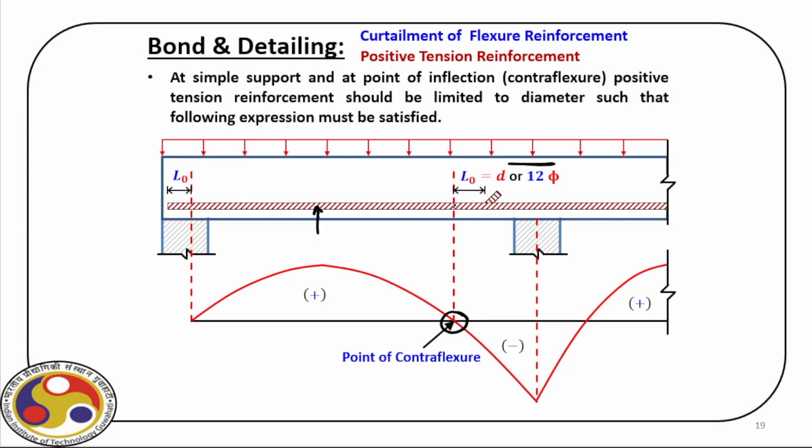If this is the point of contraflexure, then this is the actual point of curtailment, and this L0 is the maximum of these two, D or 12 phi. So from the point of contraflexure, we have to provide this L0, and then we can curtail. That is for the continuous support. For the simple support, I have already explained. We have to find the center line of the support, and from that point, we have to extend this up to L0.